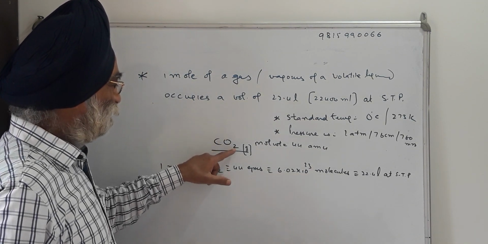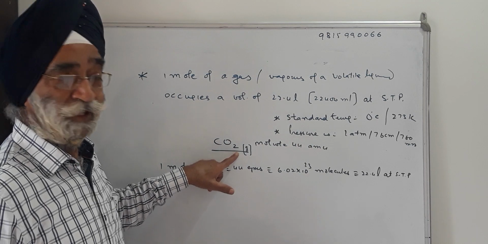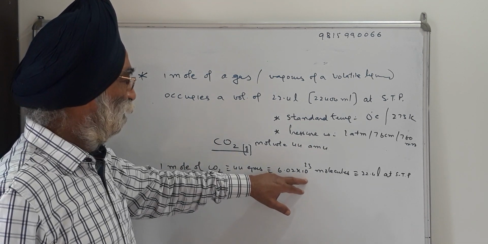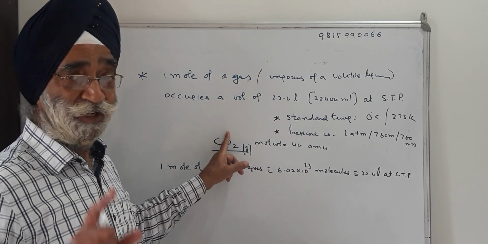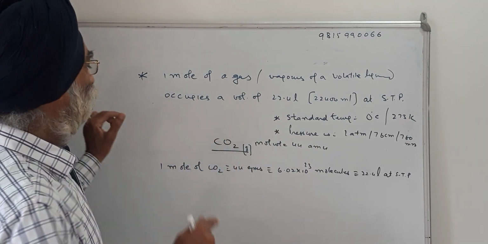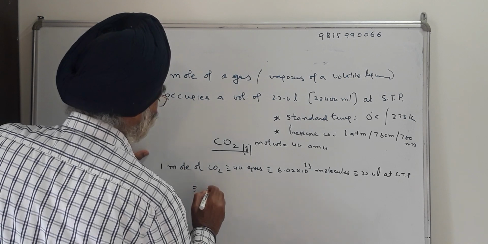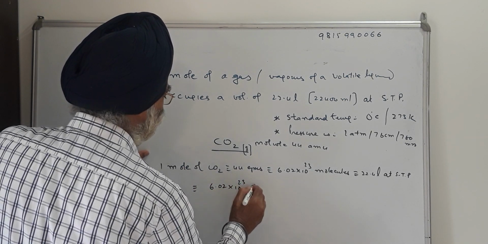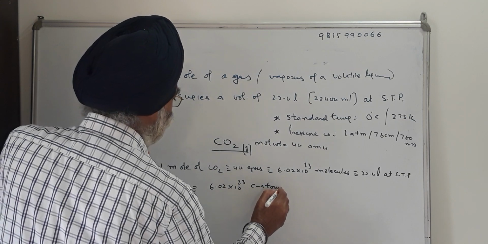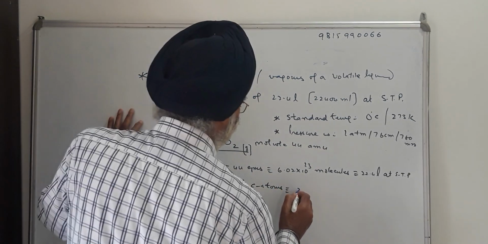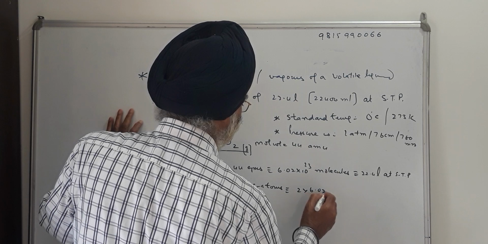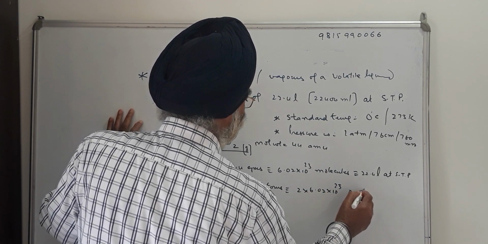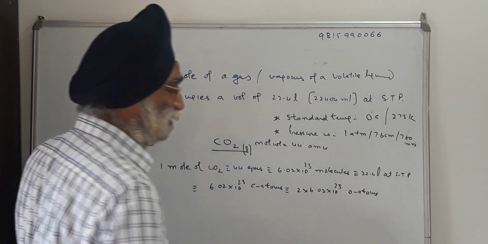One molecule has 2 oxygen atoms, 1 mole will have 2 into Avogadro's number of oxygen atoms. We may elaborate: 6.02 10 raised to the power 23 carbon atoms, also 2 into 6.02 10 raised to the power 23 oxygen atoms.